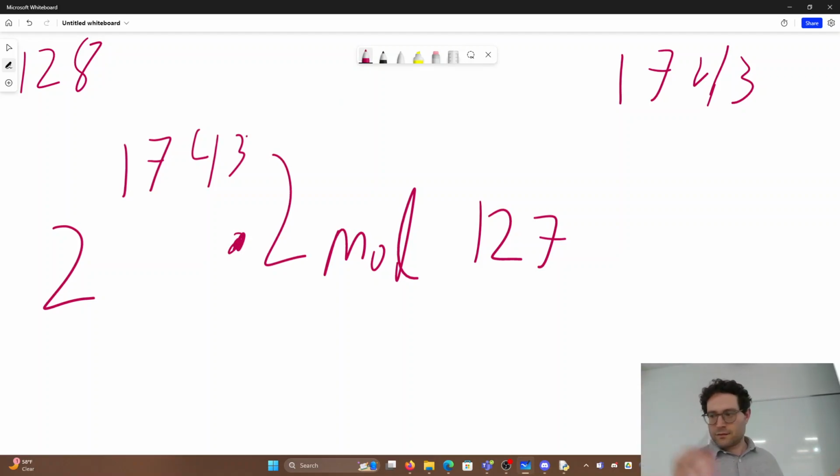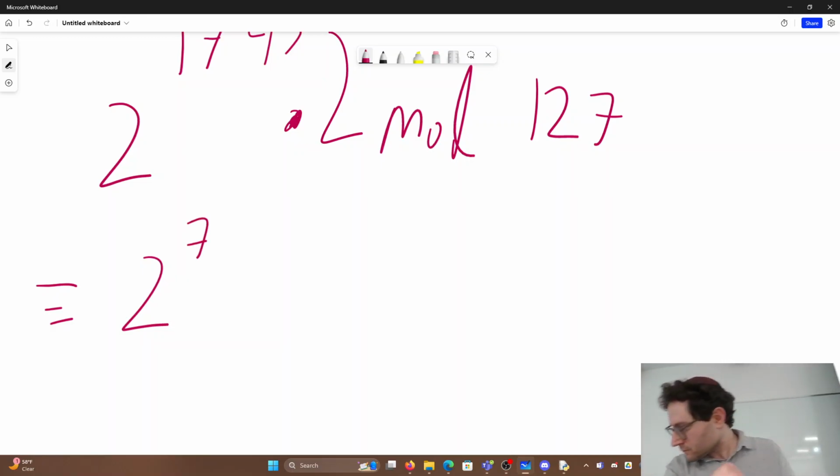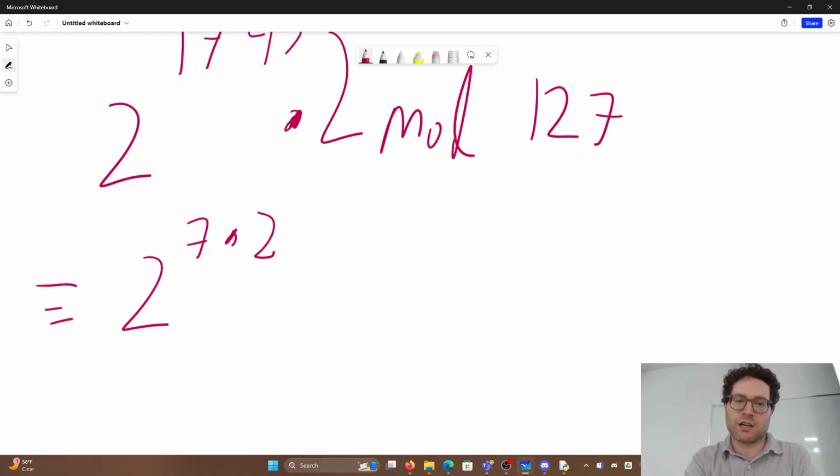So let's see. This is congruent to 2 to the 7th power times some number, which according to my notes over here is 249. But again, it doesn't matter, because what is 2 to the 7th?